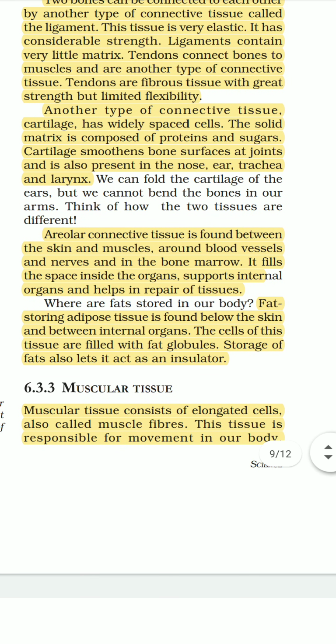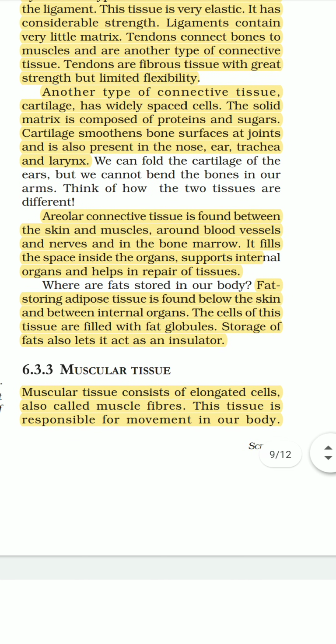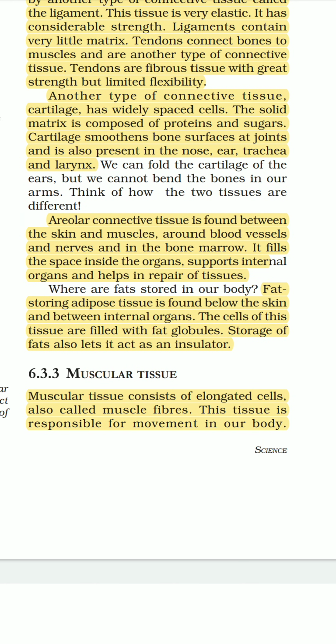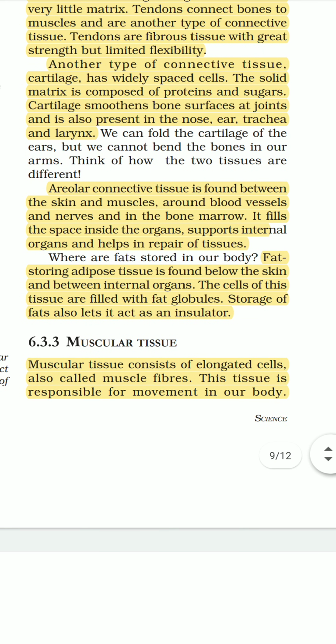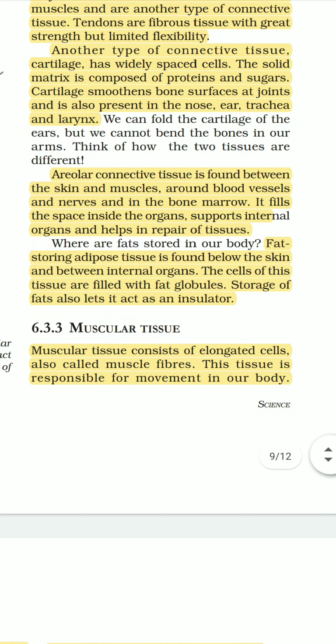Now, the next category of loose connective tissues are adipose tissues. Adipose tissues help in the storage of fat. Fat storing adipose tissues are found below the skin and between internal organs. The cells of these tissues are filled with fat globules.